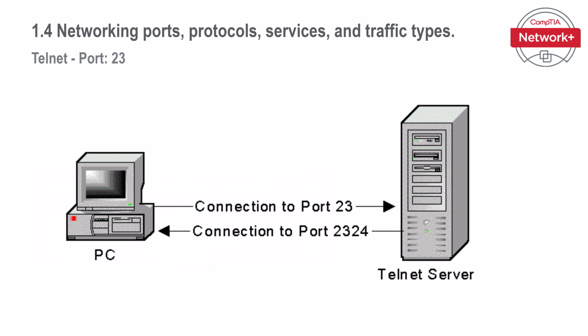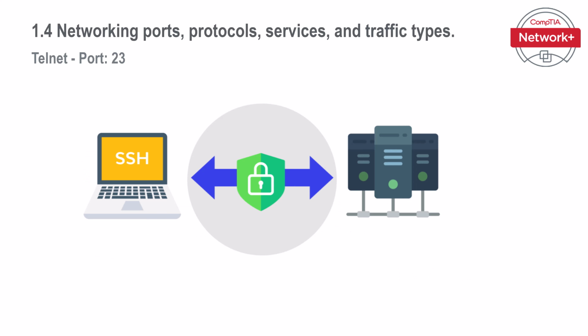Telnet, which operates on port 23, provides a way to access remote devices using a command line interface. However, it does not encrypt data, which means that credentials and commands are sent in plain text, making it a security risk. As a result, SSH is the preferred alternative for secure remote access.